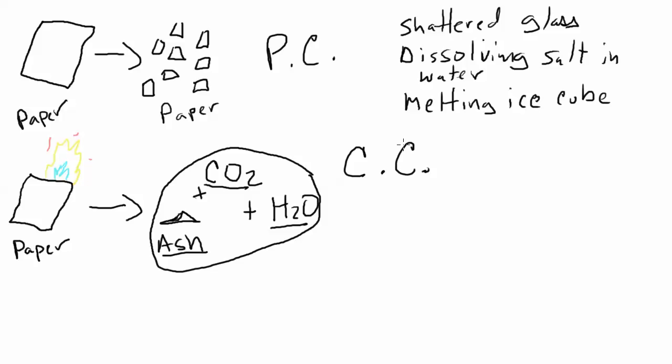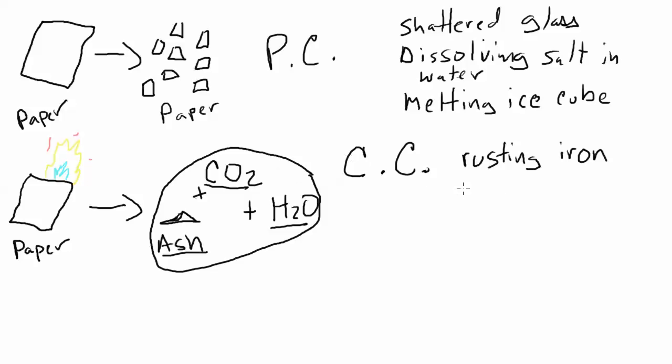Now let's do some chemical change examples. A classic chemical change example is the rusting of iron. When iron rusts, it's actually reacting with the oxygen in the air to make a new compound. And iron isn't the only metal that does this. There are many metals that will react with oxygen. We call it oxidizing, and so we call the rust oxidation.